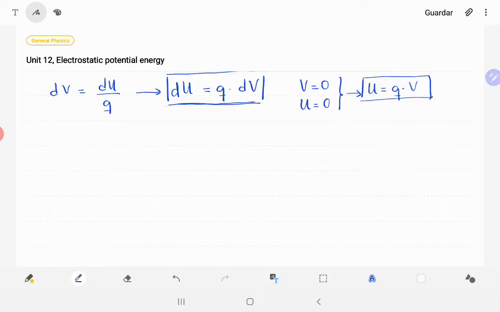Another idea is relating this change of electrostatic potential energy with the work we have to do against the field. To see this, we are going to use the same expression and put here, instead of the change of electric potential, its relation with the electric field.